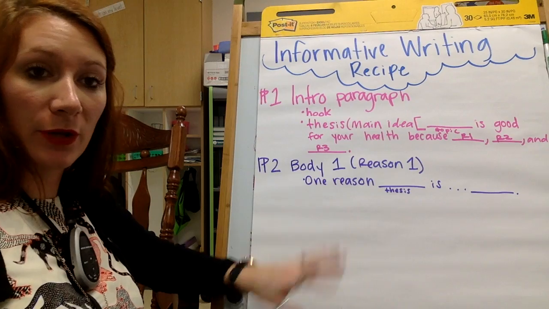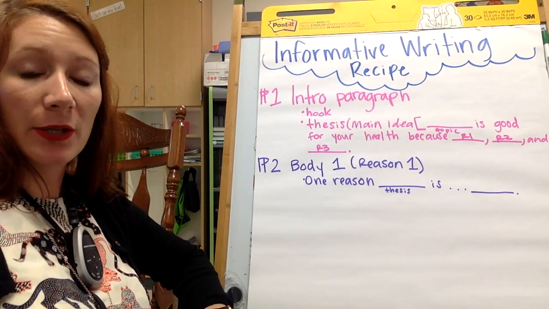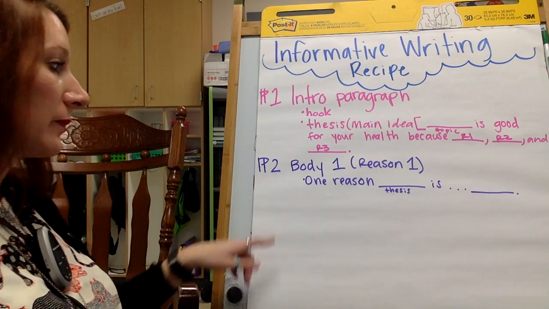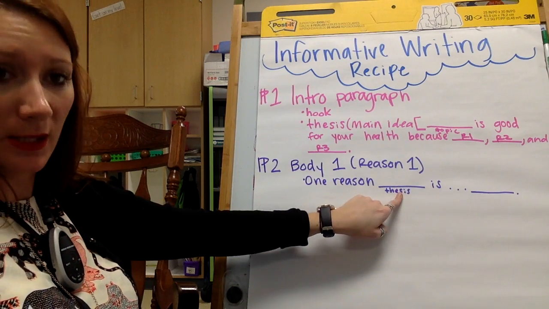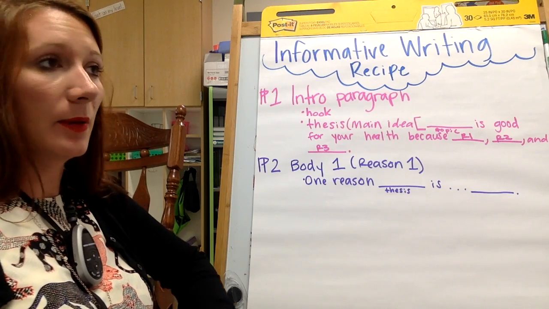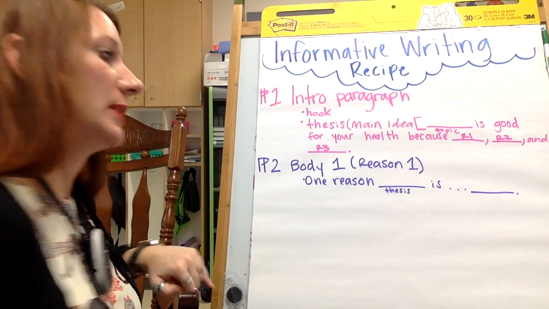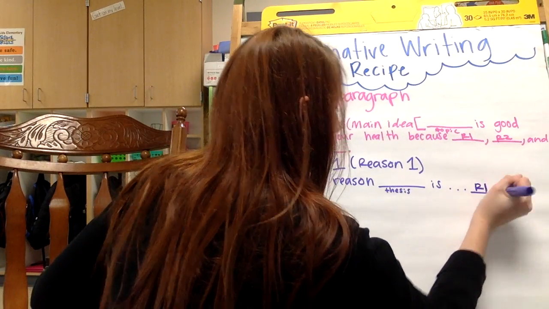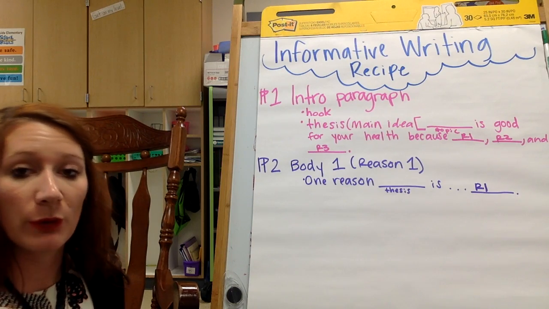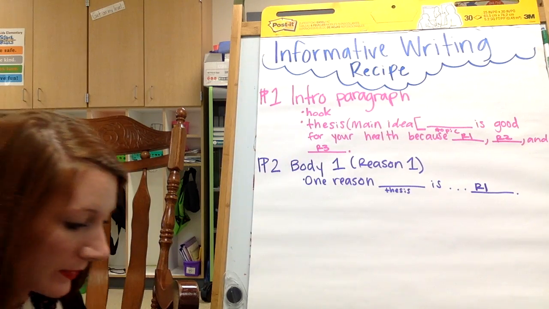So you're going to start off with a transition, maybe my first reason or one reason. Look back in your notes on transitions if you need a bank to get some transitions or need some ideas. One reason your thesis is, so let's say your thesis is that yoga improves your health. So you might say one reason yoga improves your health is your first reason. So you're going to state your reason that supports your thesis for your reader. This is kind of like supporting detail number 1 for your main idea.